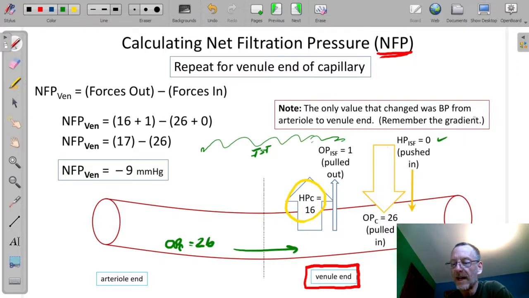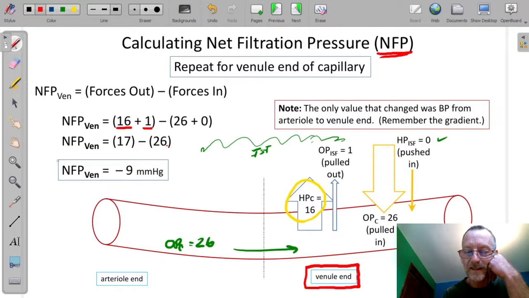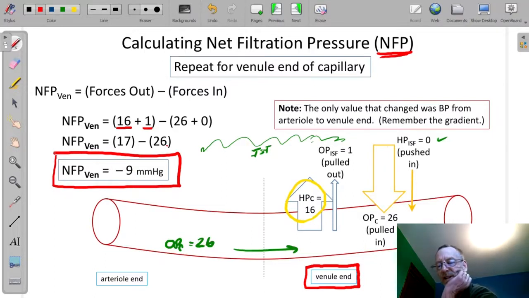So we add up the forces out, which are the 16, that's our hydrostatic pressure, and 1 for osmotic pull in the ISF, that gives us 17, and then it's still 26 plus 0, so we have 17 minus 26, the difference is minus 9. So there is our net filtration pressure at the venule end.